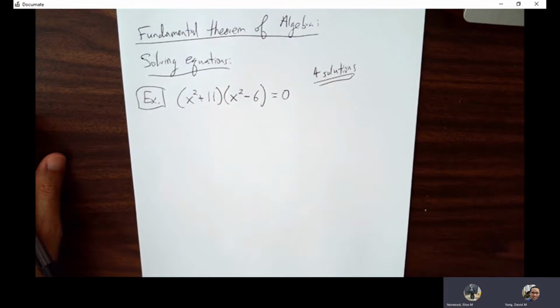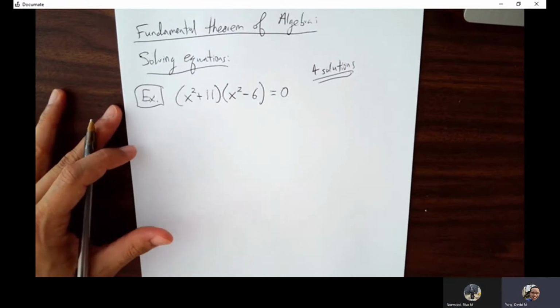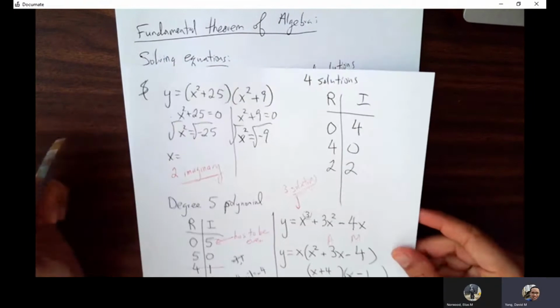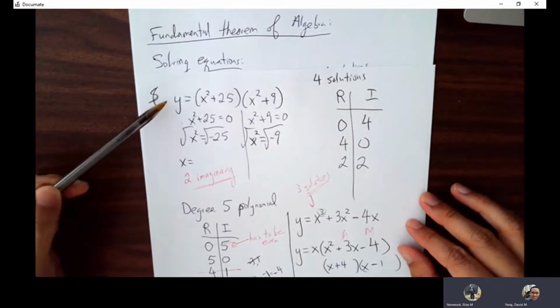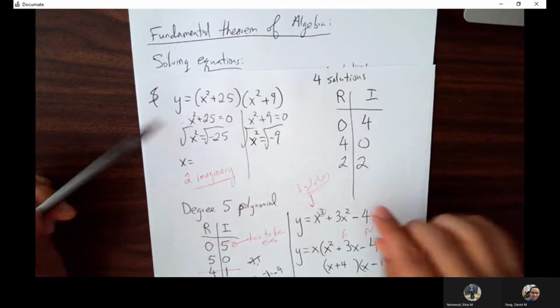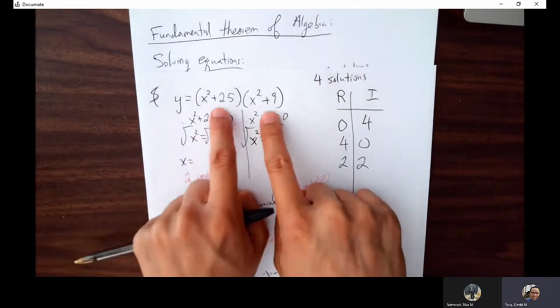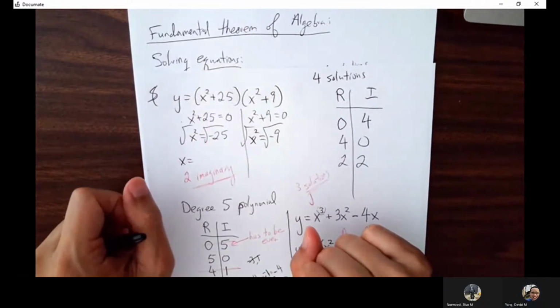Always subtract x. Well, let's see. What did we do from yesterday? How do we start this problem? Square root it. Well, before that, we want to do what? We want to set each parentheses equal to what? To 0.